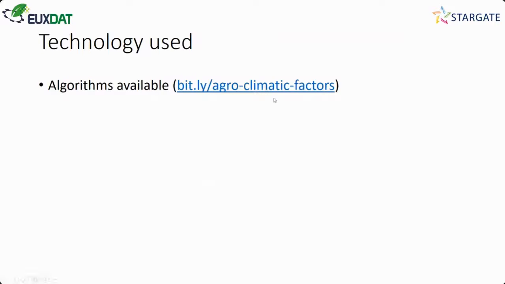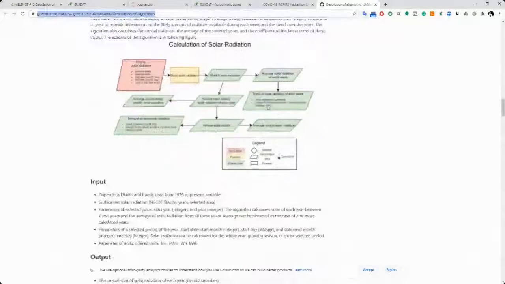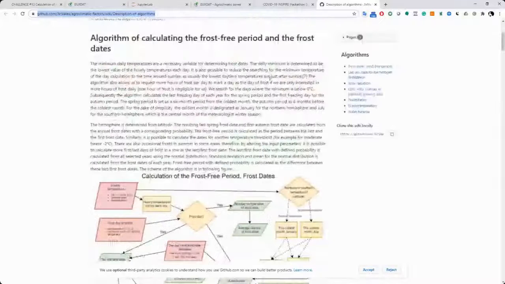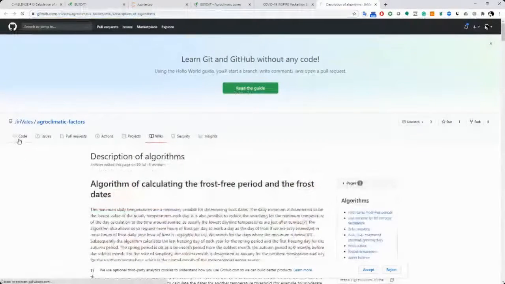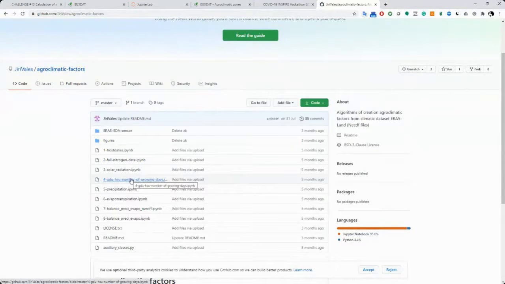Again, there is a link to the GitHub, as I mentioned, and maybe one thing I haven't mentioned is that if I open the page again, there is the description of all the algorithms, and you can also go to the code page and download the algorithms. They are written in Python. You can cooperate with us on development, whatever you want.